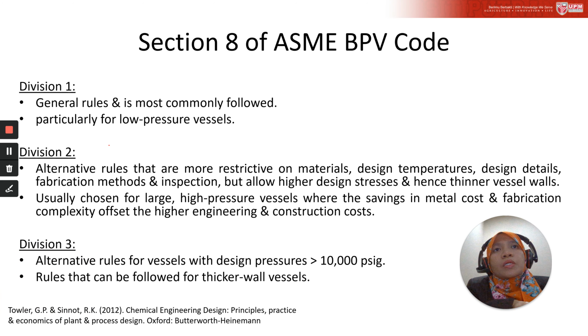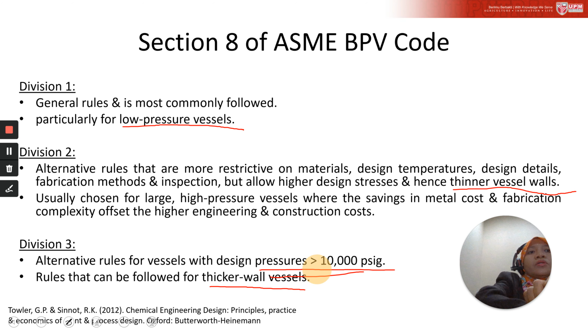Division 2 is for thinner vessel walls, and Division 3 is for thicker wall vessels, with pressures bigger than 10 psig. So if you refer to this, basically Division 2 is for below 10 psig.